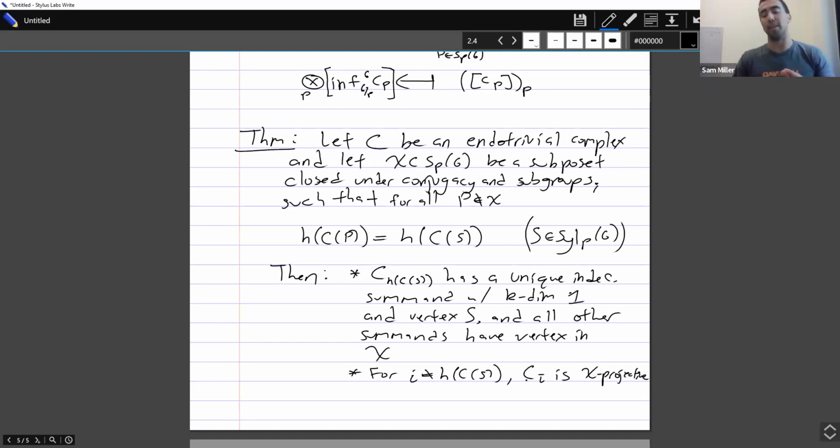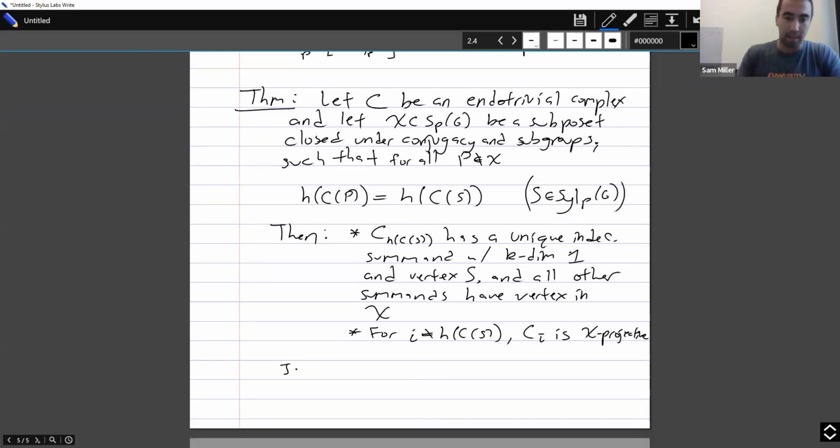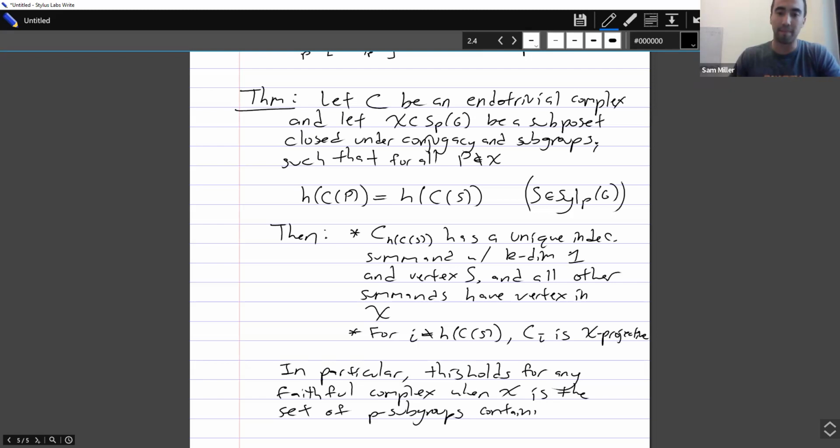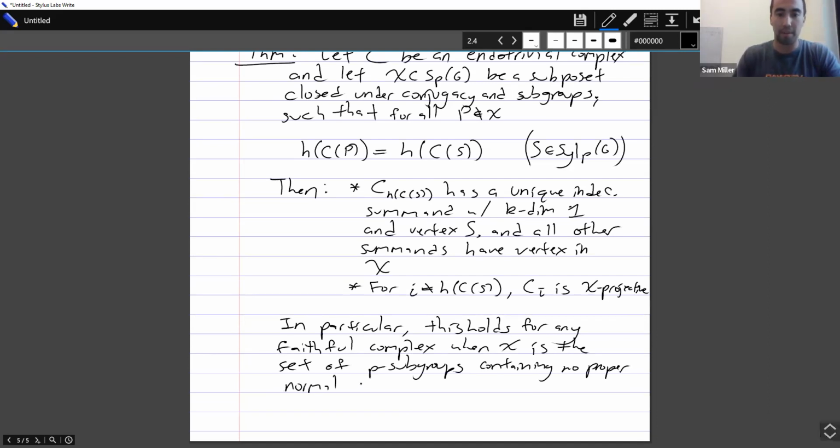What this means is that each indecomposable summand of the module CI has vertex that's contained in X. And in particular, this holds for any faithful complex when X is the set of P subgroups containing no proper normal subgroup of G. So just only one.